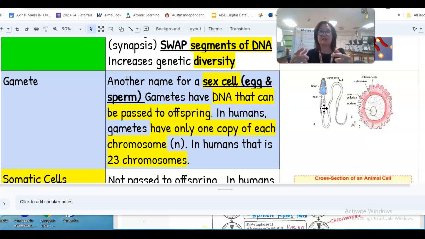So at the moment, each of them are haploid cells. They have half the amount, or one copy of the chromosomes, which is represented by N. And in humans, that number for N would be 23. So I'm going to get 23 from mom, 23 from dad, and then that will make a fertilized egg, which will give us the 46 chromosomes.